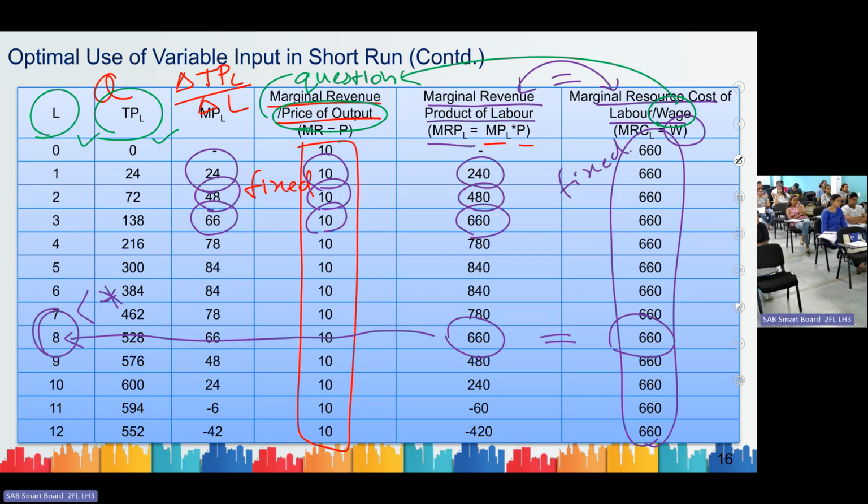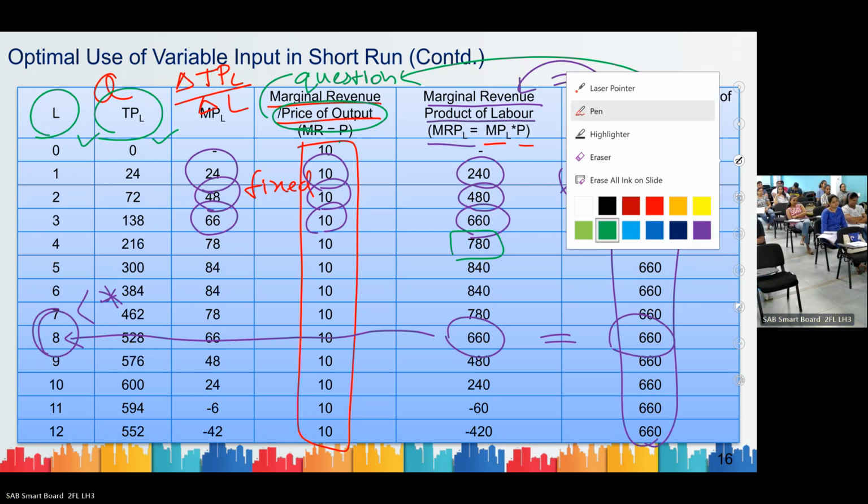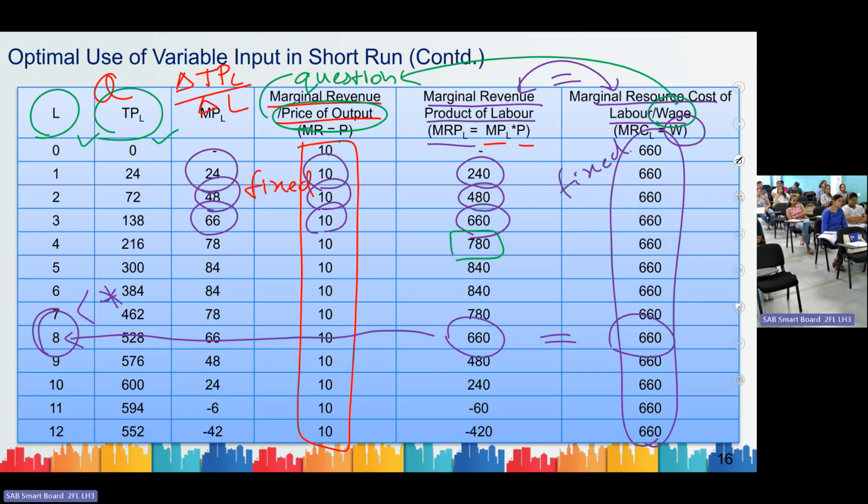This is 708. Yes. How do we check? There is another level. Then how to decide which level is the optimal? Thank you for pointing it out. There is another level.